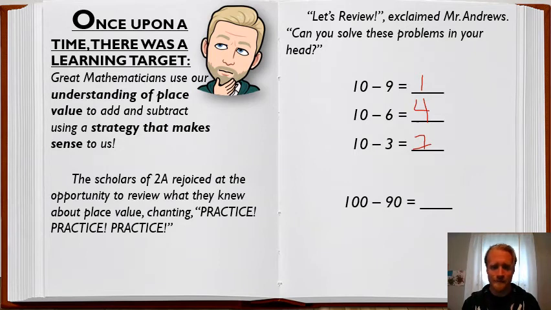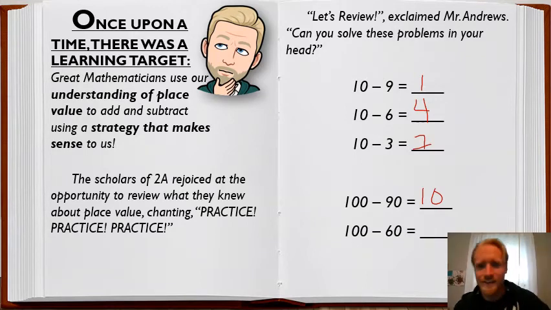100 minus 90. You got it, it's 10. Remember, just like 10 ones go into 110, 10 tens go into 100. So what would therefore be 100 minus 60? Exactly, 40.